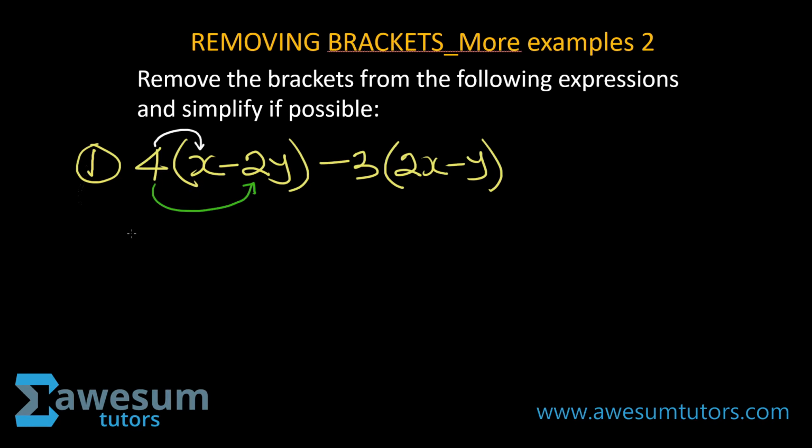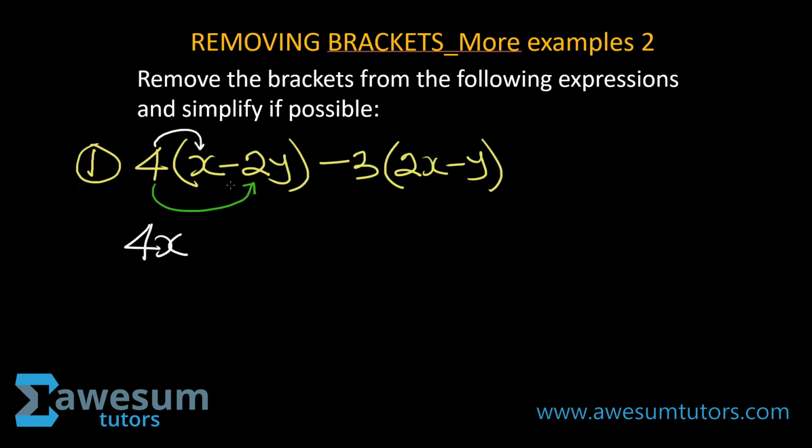Now let us do that first. 4 times x is going to give you 4x. 4 times negative 2y. By now, if you have looked at our previous videos of removing brackets, you should be able to do this pretty easily.